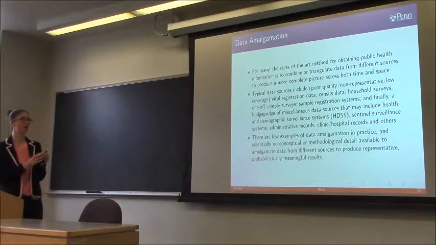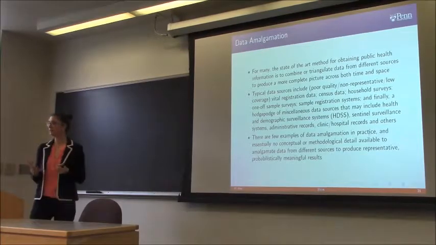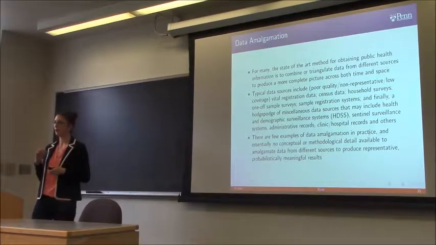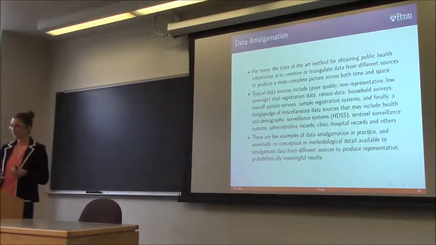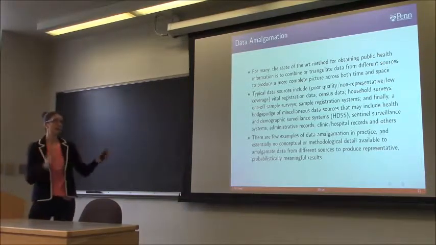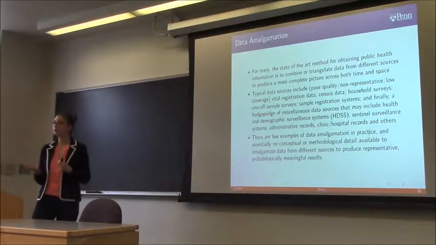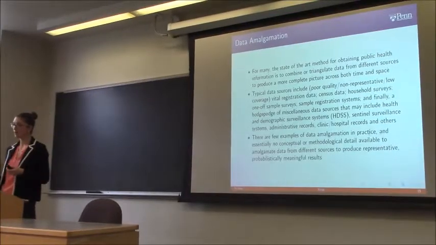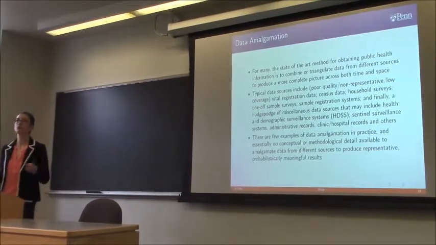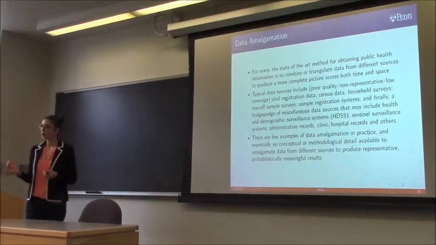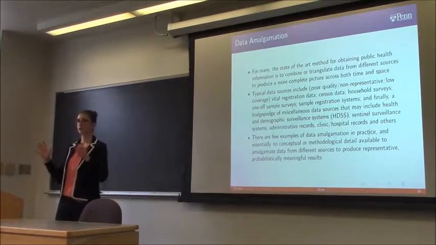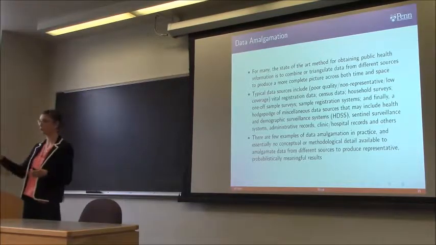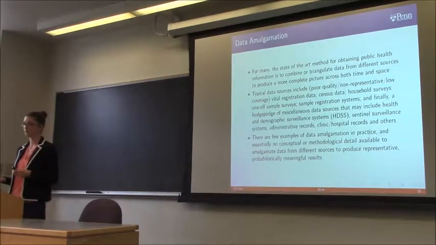So when I'm talking about combining data from different sources for data amalgamation purposes, I want to take data from surveys, or maybe census data or vital registration data if some countries have them, and combine that with some kind of surveillance system. So there are health and demographic surveillance systems, which are sites that are set up to follow a specific population of people over time, and they collect very detailed information.